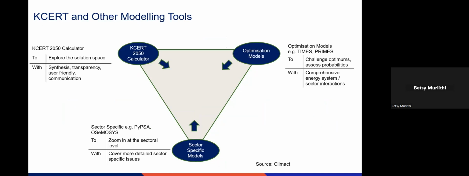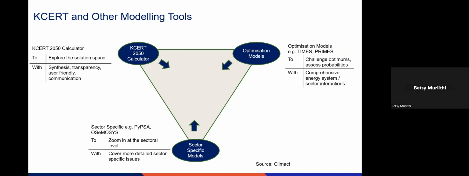For KCERT, it allows you to explore the solution space. You have about 161 levers in the Kenyan context with up to 4 different levels of ambition. So you have a solution space of 161 to the power of 4. So you can explore an infinite amount of different solutions with transparency and in a user-friendly way.